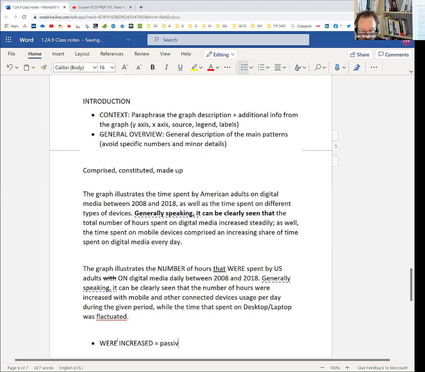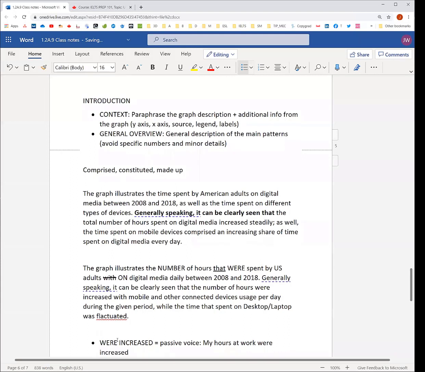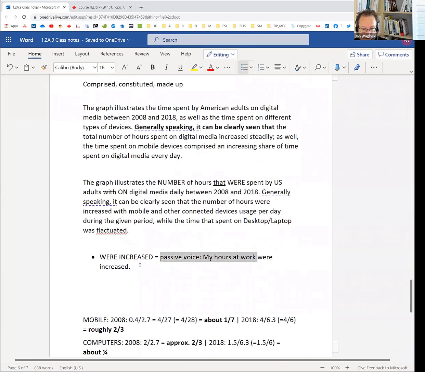That's passive voice. Yes. So an example of that would be, my hours at work were increased, and it's understood they were increased by my boss. Right?